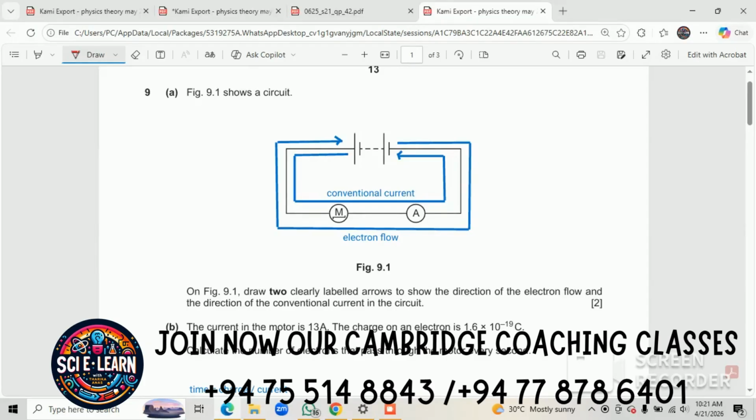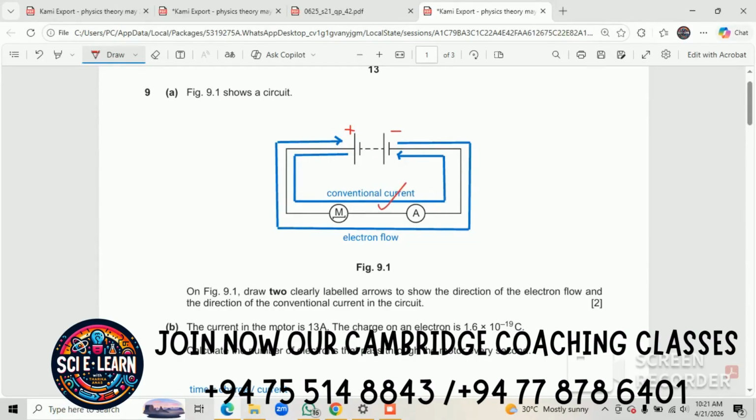Ultimately, as we know, when we are discussing the electron flow, it will usually be opposite to the current flow.